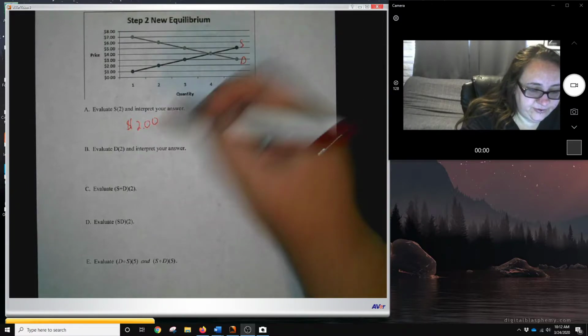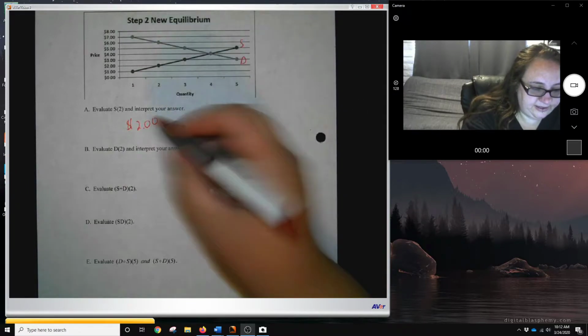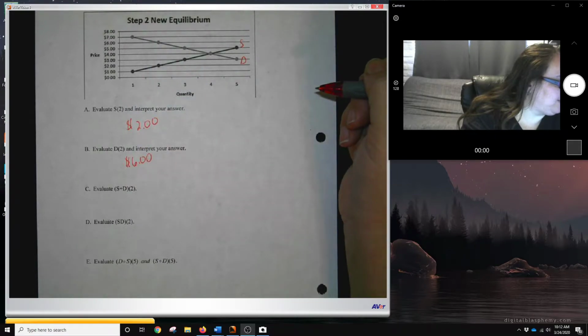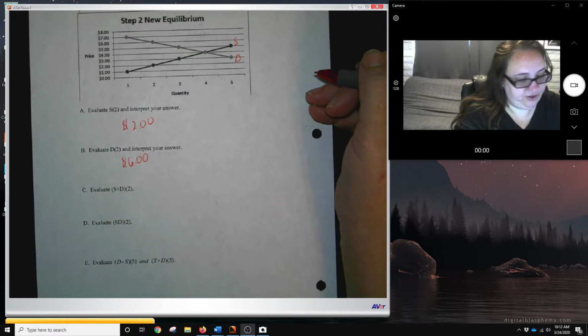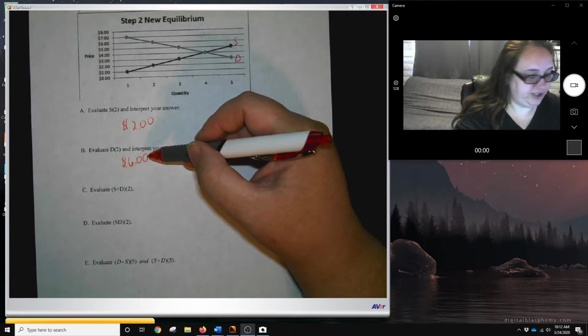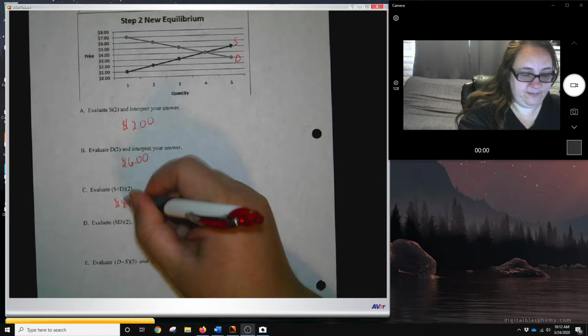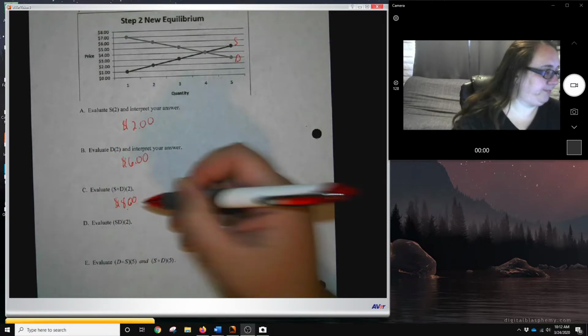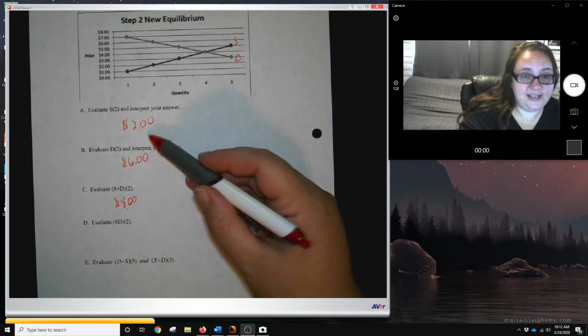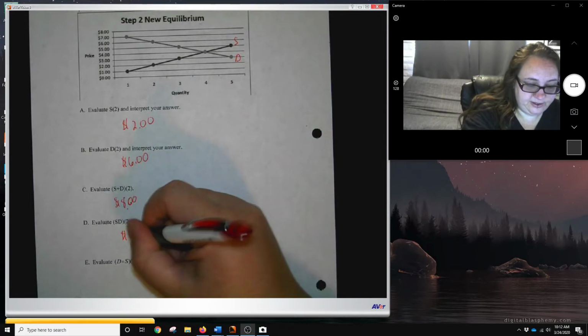And D of 2 would be $6. And so then S plus D of 2 would be this plus this, which is $8. S times D of 2 would be this times this, which would be $12.